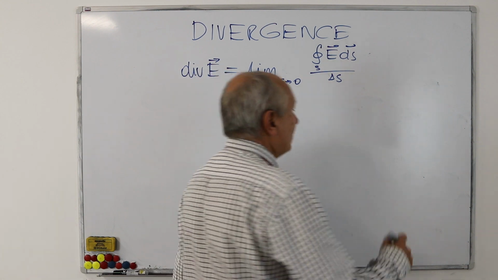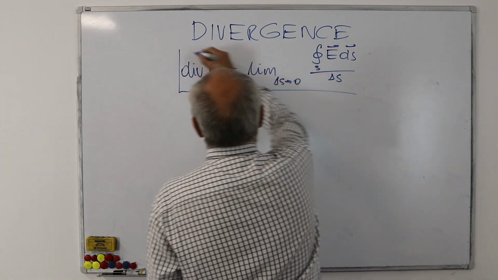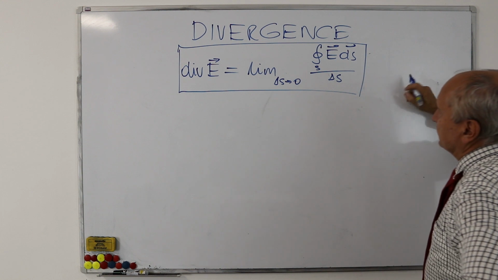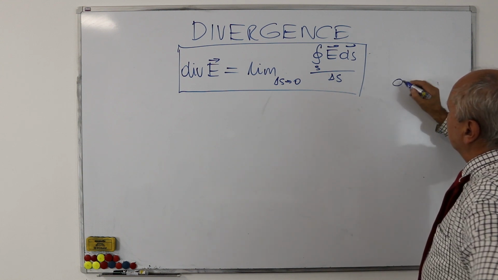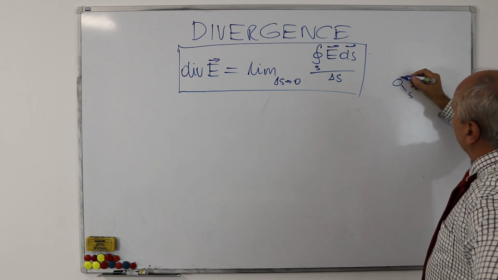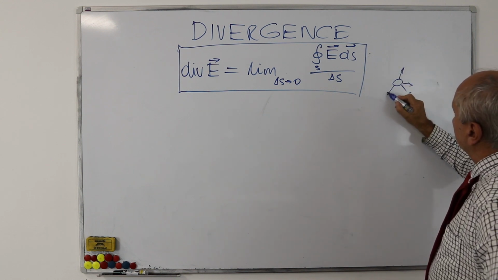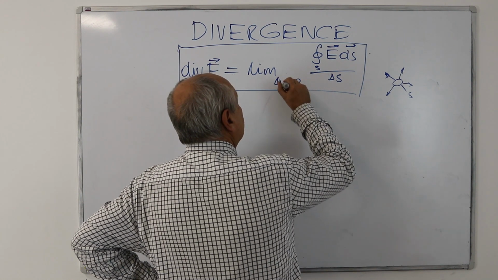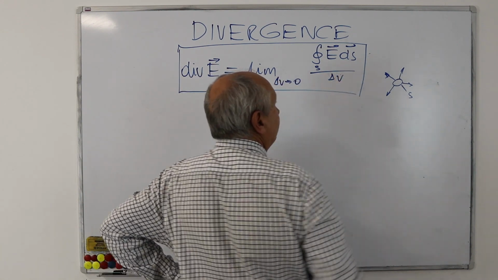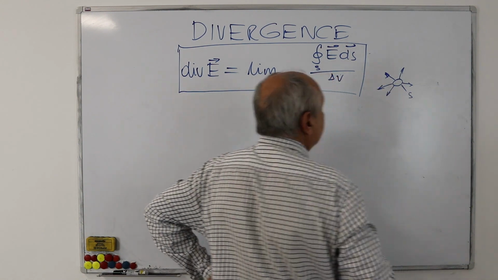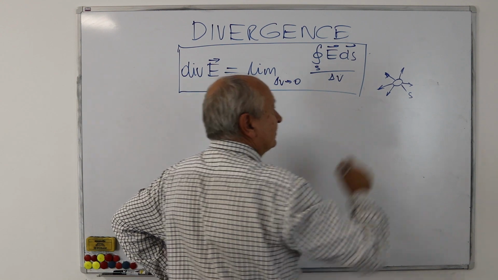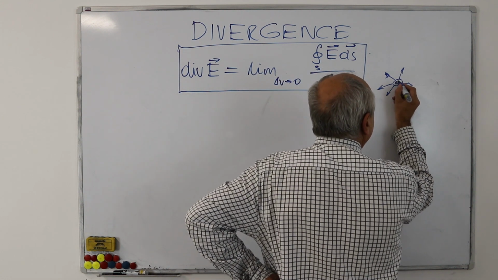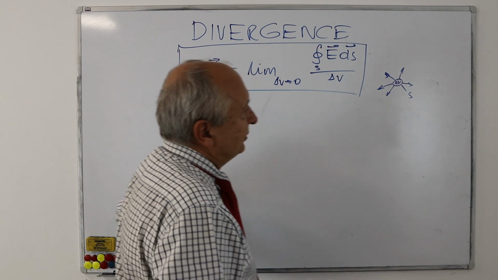This is the design sketch that explains this. We make, this is the closed surface S, and here is the V. We calculate the flux of the vector E through this closed surface and divide by the volume of this small piece.